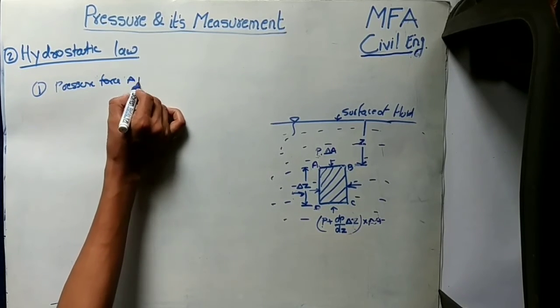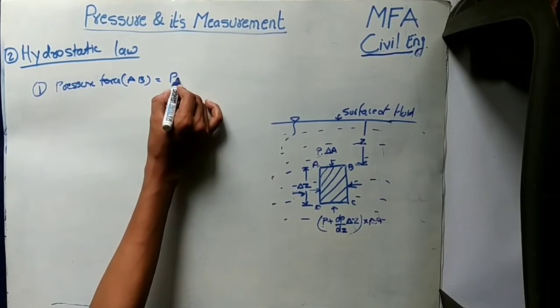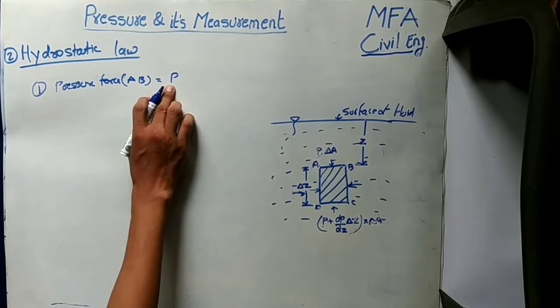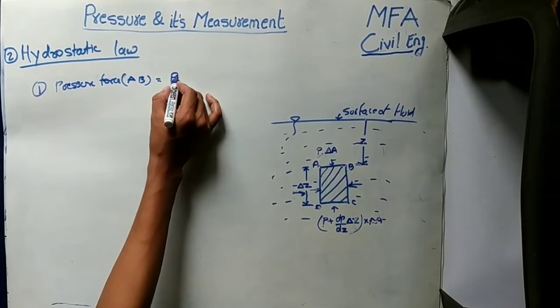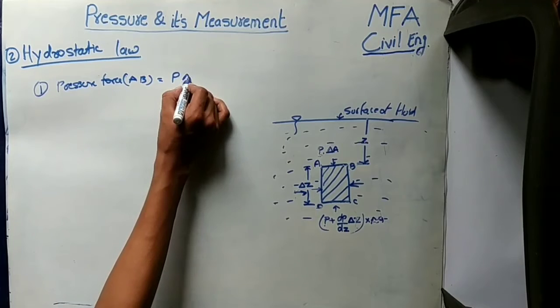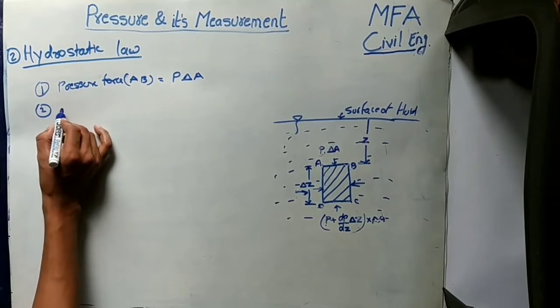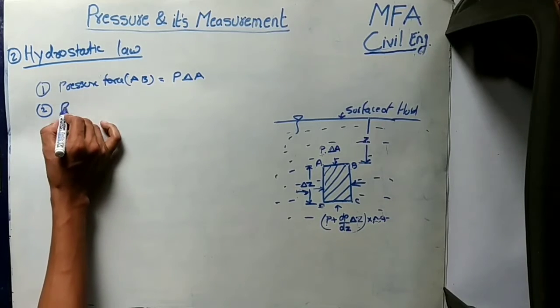Along the side AB, pressure force is equal to pressure into area. Pressure is the pressure due to the fluid available at the top of AB, into area delta A. Now second is the pressure force acting on the bottom side.